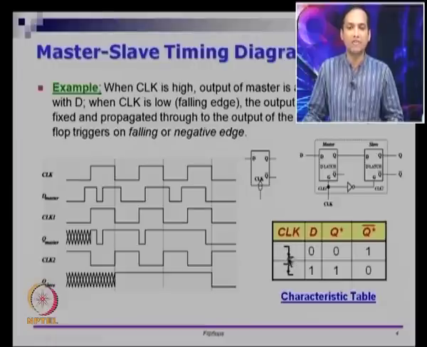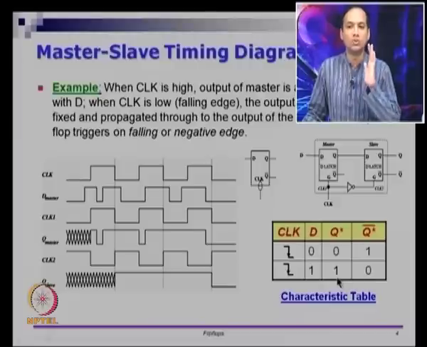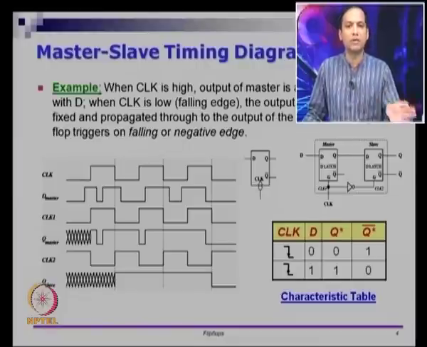On the negative edge of CLK, if D is 0, Q should be 0 and Q bar should be 1. On the negative edge of the CLK, if D is 1, Q star is 1 and Q star bar is 0. In all the other cases, Q star should just keep its previous value, so Q of t should be the same as Q of t minus 1.